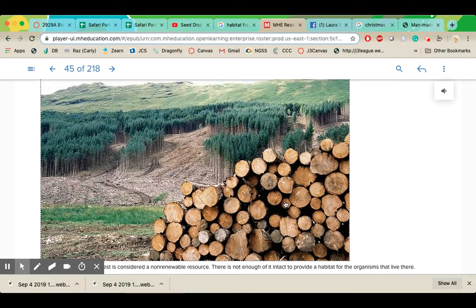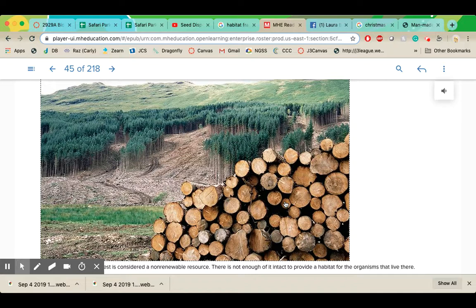Sustainable use is using things in a way or at a rate that it can be replaced. So sustainable is like you're not taking any more than what can regrow or replant over that period of time. Sustainable is where we want to get with things.